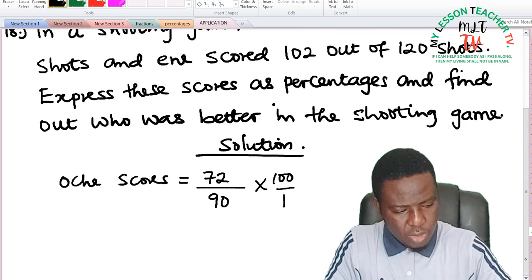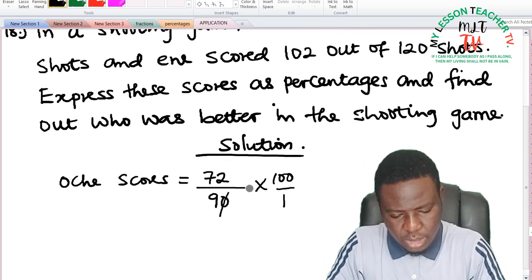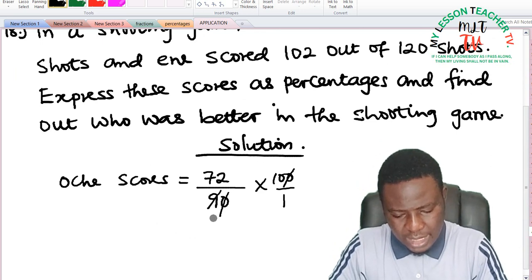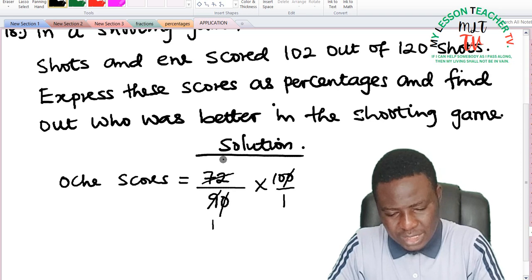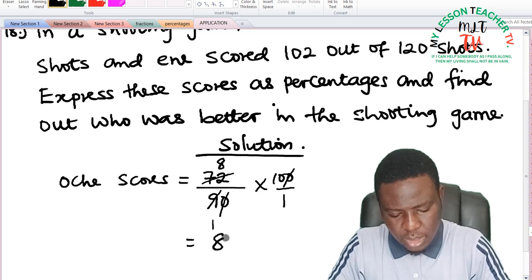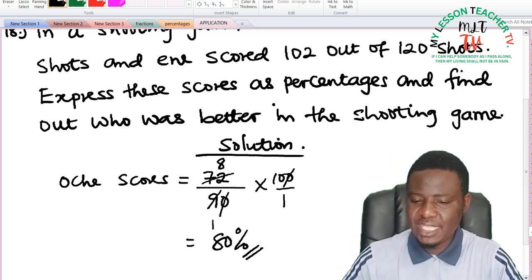So let's see Oche's percentage. 9 will cancel, 0 will cancel out. 9 into itself is 1. 9 into 72 is 8 times, and 8 times 10 is 80. So it therefore means that Oche has a percentage of 80.